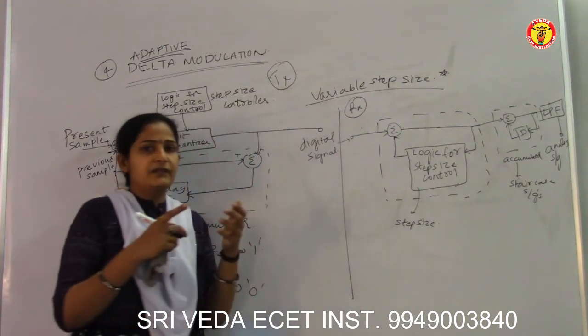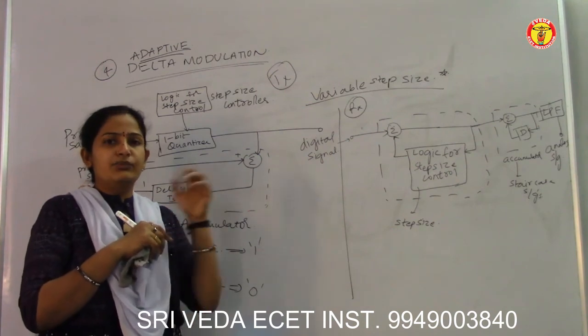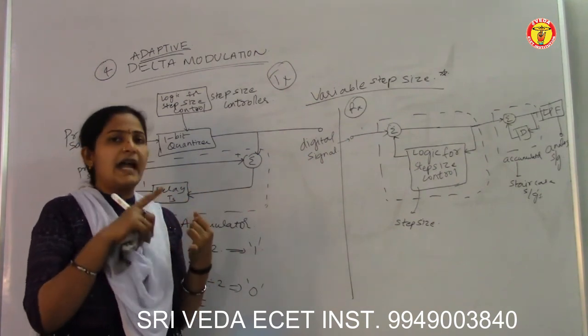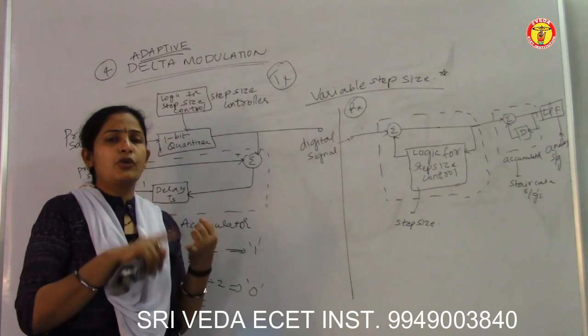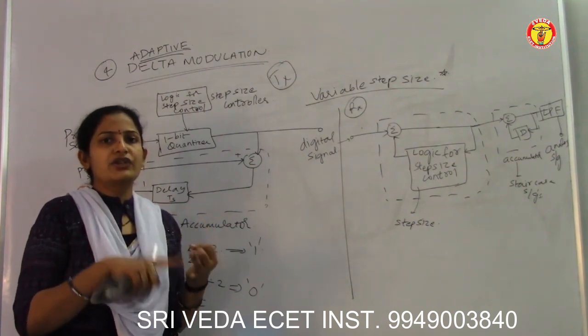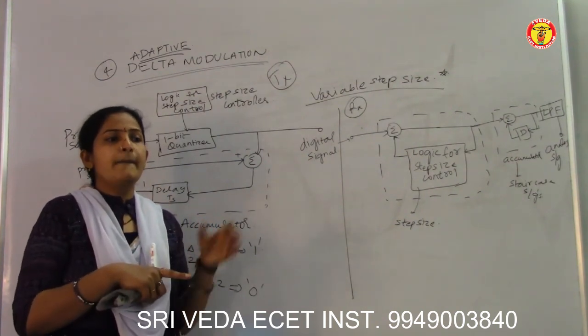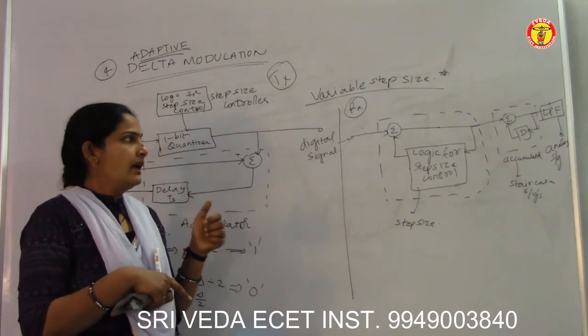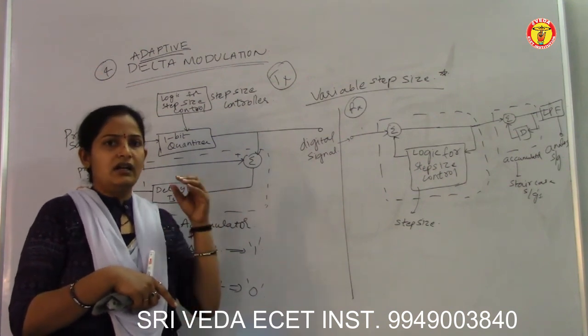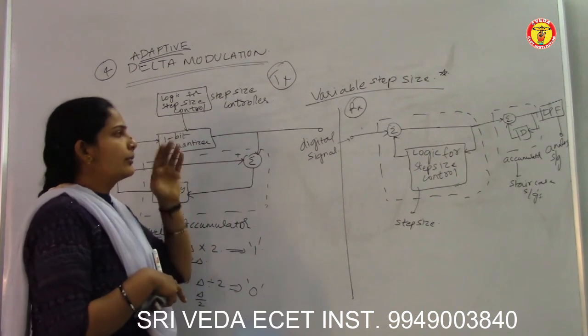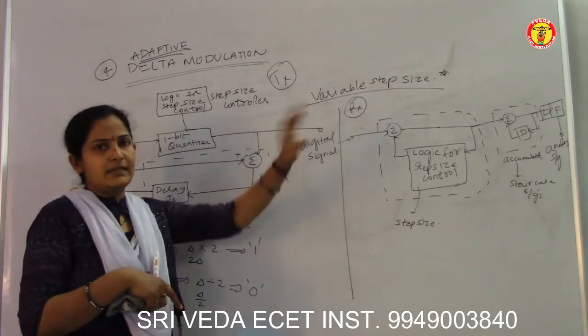Because of adaptation to the input signal variations, in adaptive delta modulation there is no slope overload distortion and granular distortion. Means the errors or interferences are reduced in this adaptive delta modulation by using the variable step size concept.